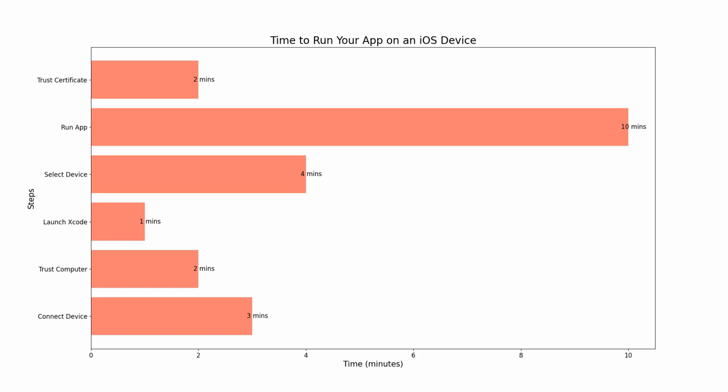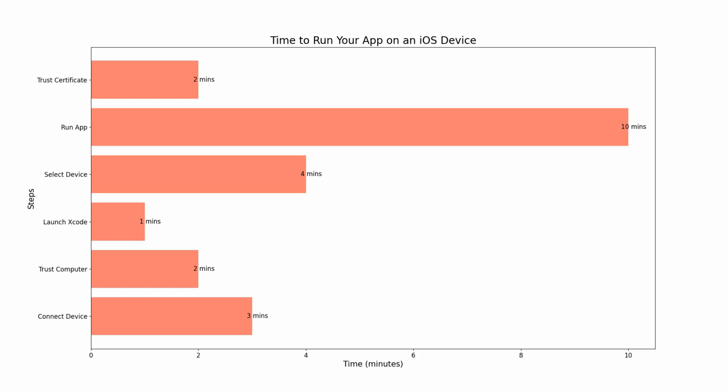From this visualization, we can draw several clear conclusions. The single longest step, run app, takes 10 minutes, which accounts for roughly 45% of the total summed time of 22 minutes. This indicates that deployment and runtime syncs are the dominant time sinks. Then we have select device at 4 minutes and connect device at 3 minutes.